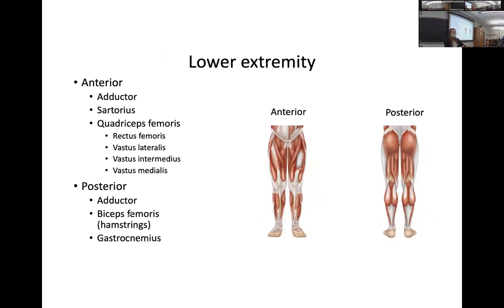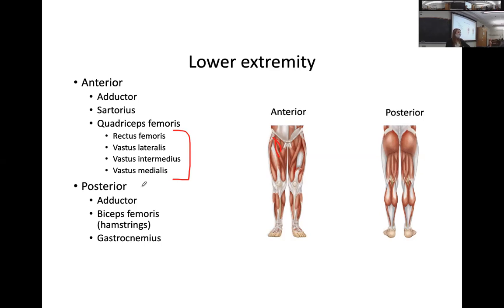Lower extremity muscles, remember anterior and posterior. Anterior, you have your adductor and your sartorius, which are all up here. And then you have your quadriceps, which make up 4. They make up your rectus femoris, your vastus lateralis, vastus intermedius, and your vastus medialis.